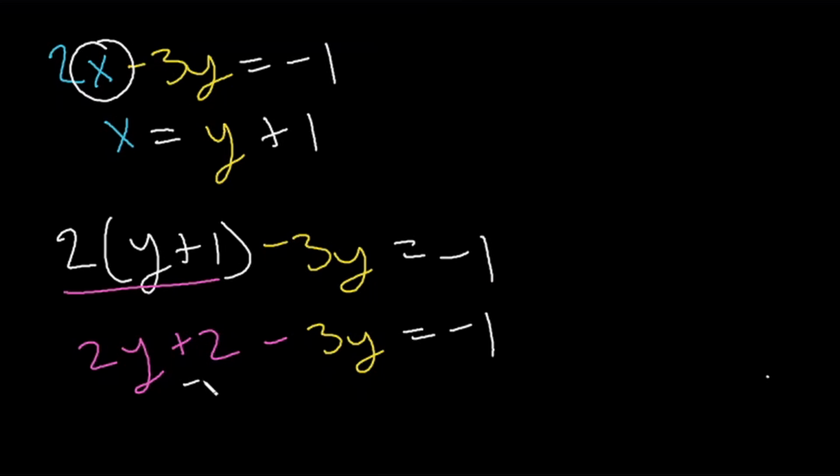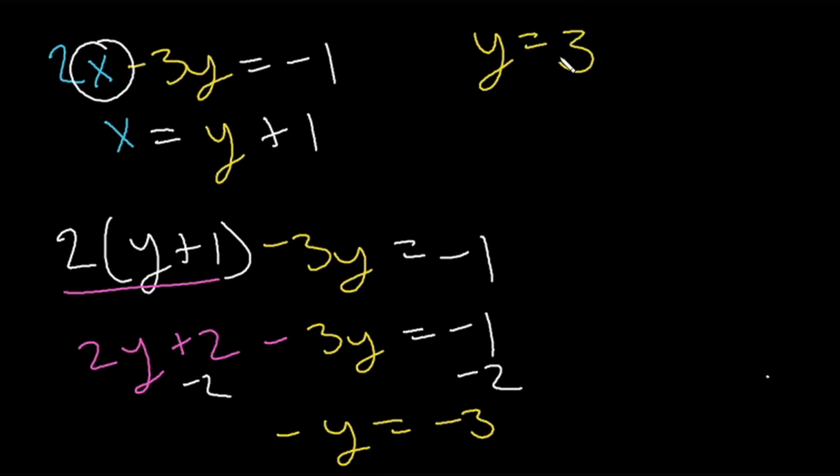We subtract 2 from both sides, and we can also combine our variables here. So 2y minus 3y is going to be negative 1y. So we have negative y is equal to negative 3. We can multiply both sides by negative 1, and we will find that y is equal to 3.